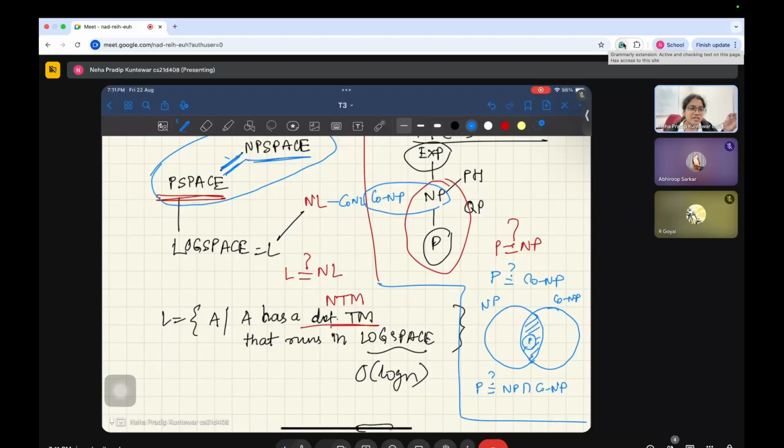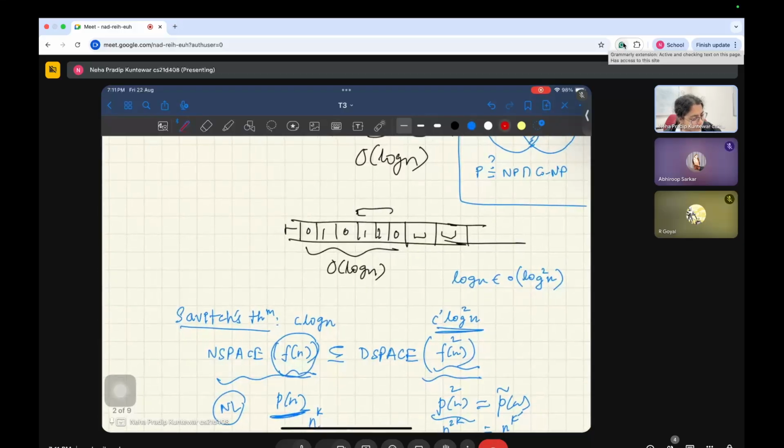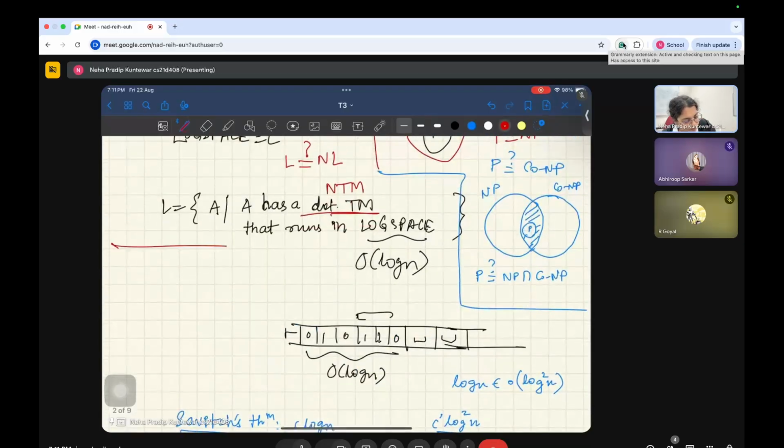It's the same as saying that co-P is the same as P, so it doesn't make sense to define co-P. We'll only define it with respect to the non-deterministic classes. So how do we define co-NL? Co-NL is the class of all those languages whose complement is in NL, similar to how we defined co-NP.